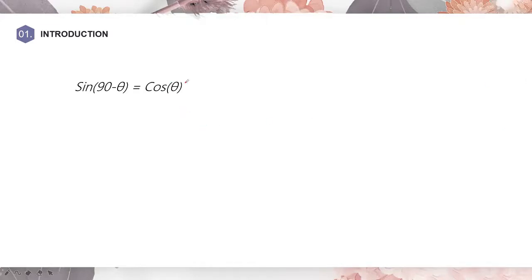You have already studied this formula in the lower class, but did you ever think that this is what it meant? Sine 90 minus theta is cos theta, because both the graphs of sine and cos are exactly the same. Only thing, it is just a little shifted, and that shift is 90 degree.